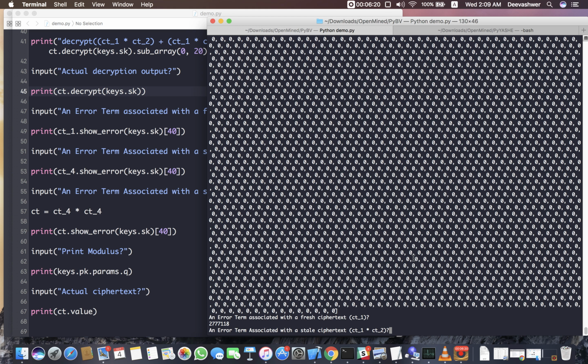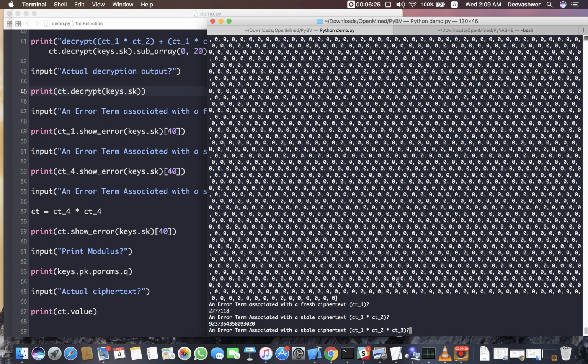This is the error term, which is definitely smaller than the modulus Q. When I did CT1 times CT2, you can see that the error term actually got doubled, not exponentiated.